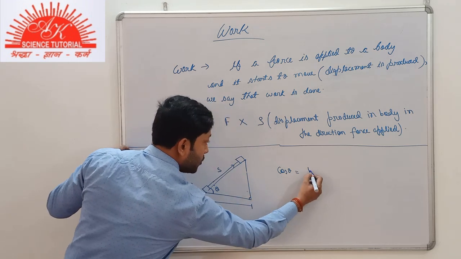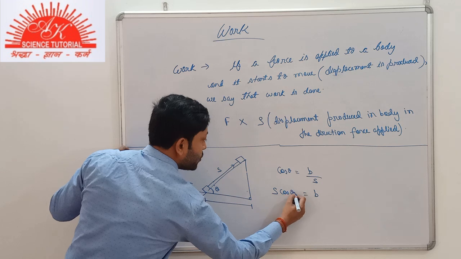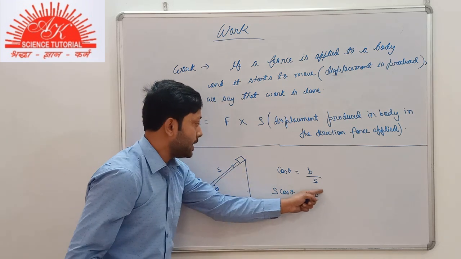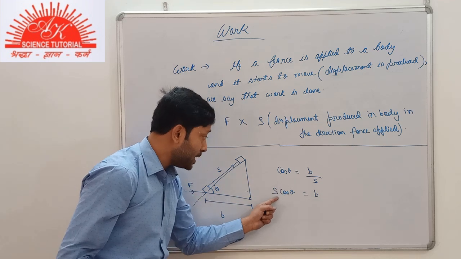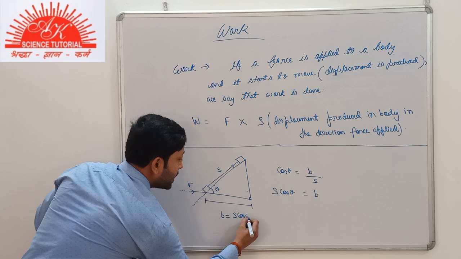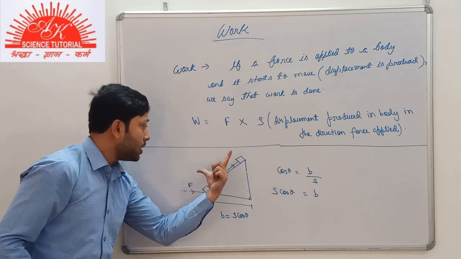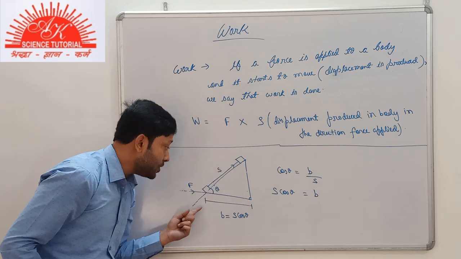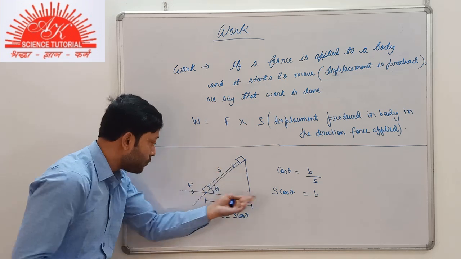So what will be the value of b? S cos theta. So this length b, in terms of displacement, will be equal to s cos theta. It means that we already found the component of displacement, the part of displacement, in the direction of force.